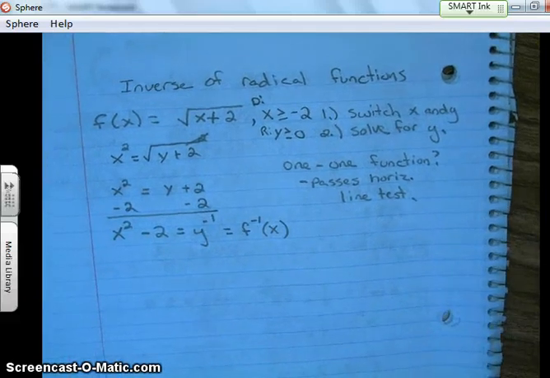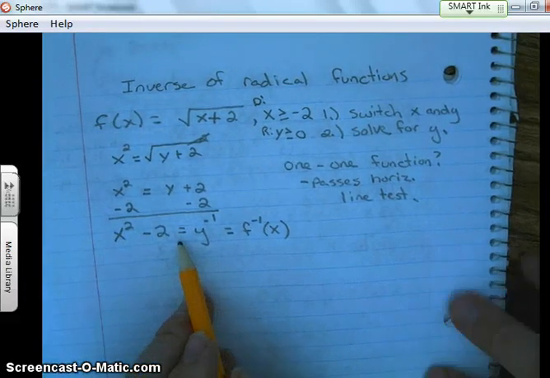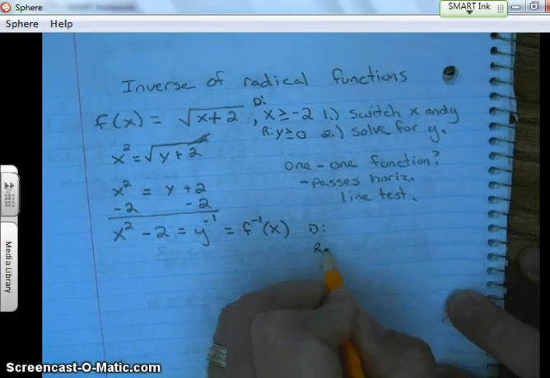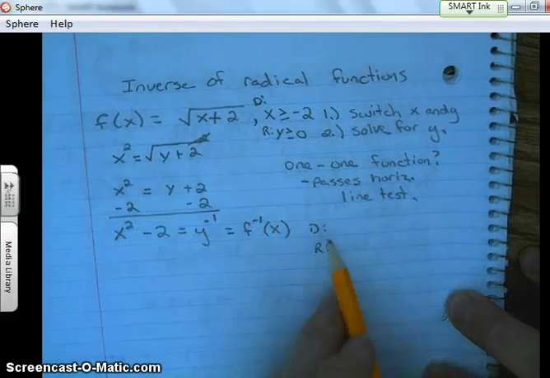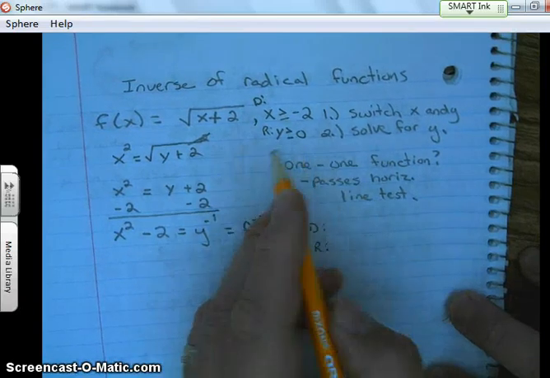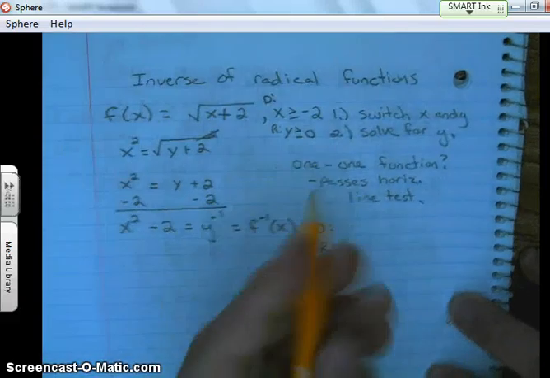Okay, so now since this is our inverse function, to determine the domain and the range, the domain of the inverse function is going to be the range of the original function. But of course, we're going to use x instead of y.